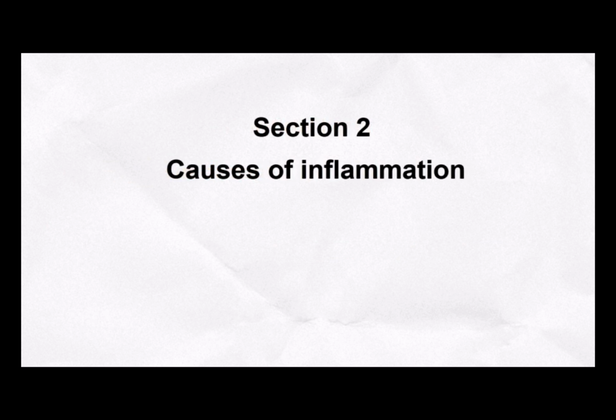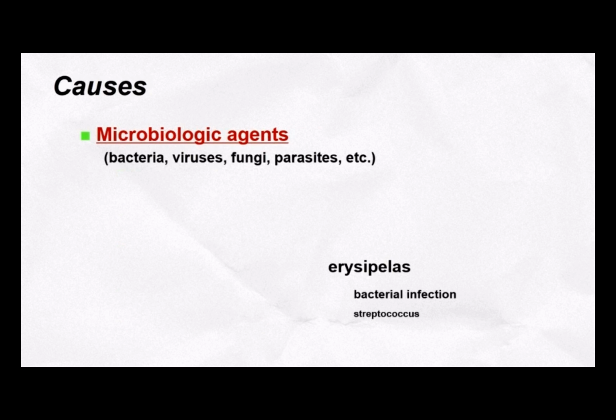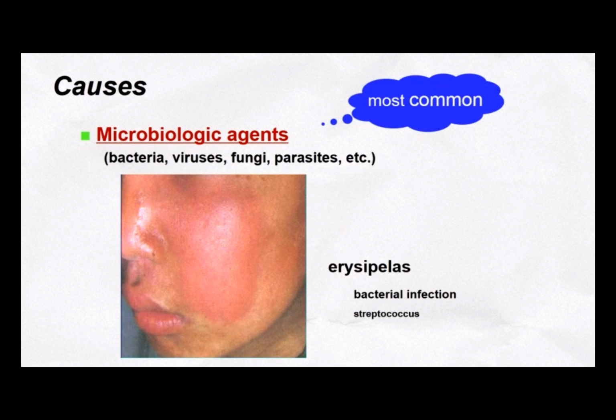Okay, now let's talk about section 2, causes of inflammation. Inflammatory reaction may be triggered by a variety of stimuli. The most frequent causes are listed as follows. Microbial infections are the most common causes of inflammation.